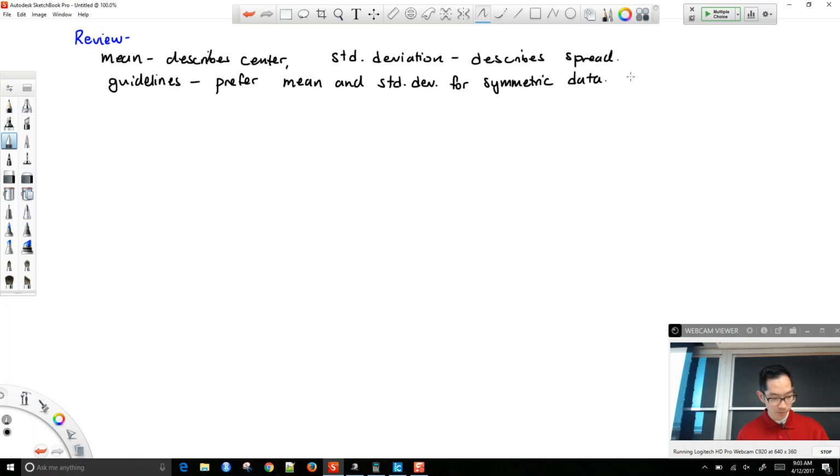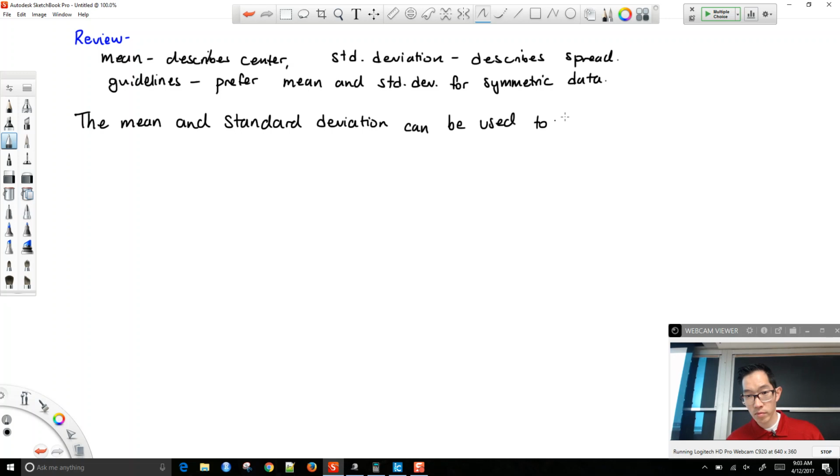All right, so a Z-score, we can think of the Z-score as the distance that an observation is from the mean, but expressed in standard deviations.